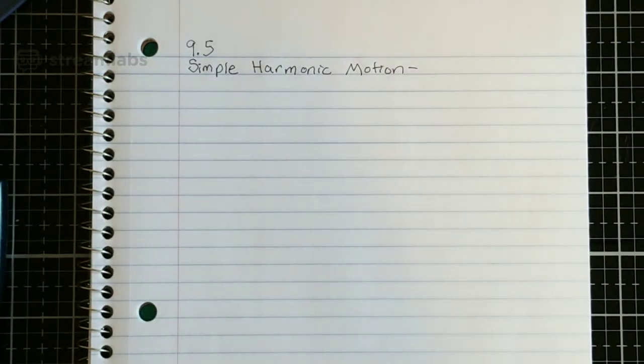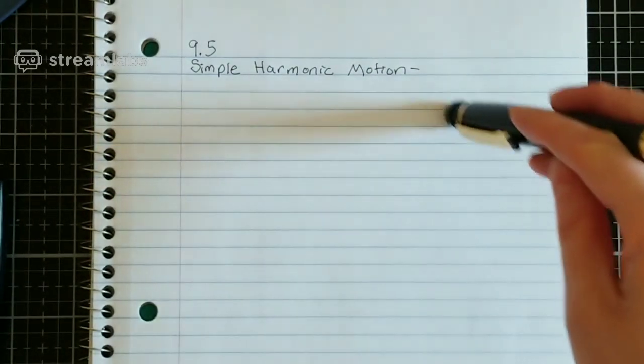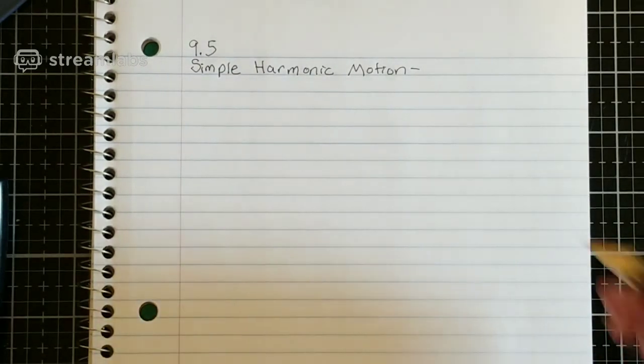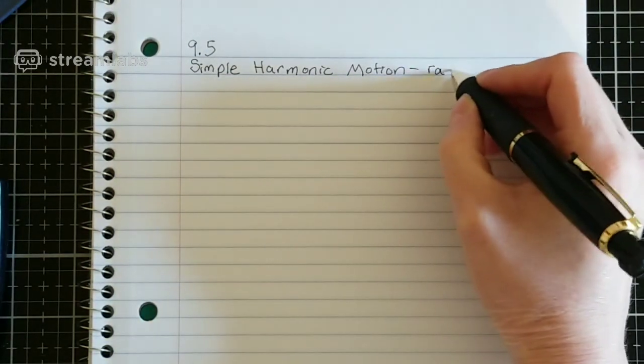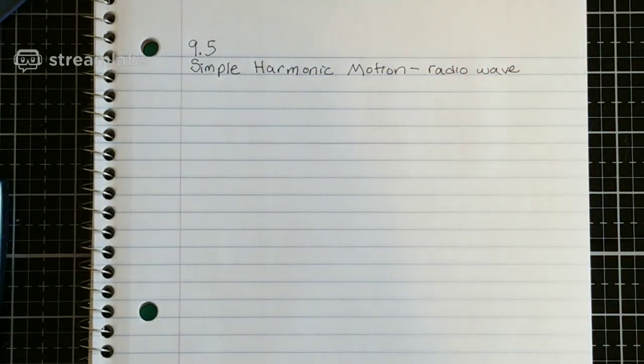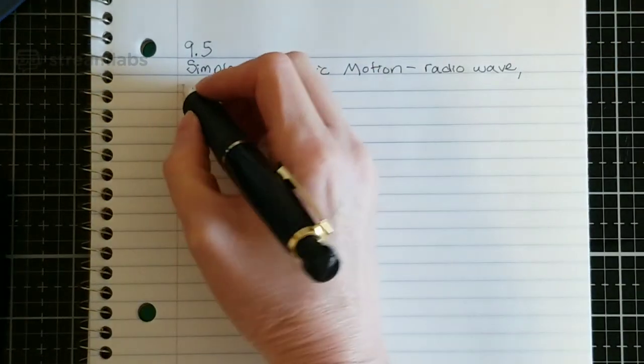Alright, so simple harmonic motion, you want to think of anything that has kind of like a wave that goes with it. So radio waves, even though you can't see them, that would be an example of simple harmonic motion. Other things that you can't see but would be in a wave format would be light waves.